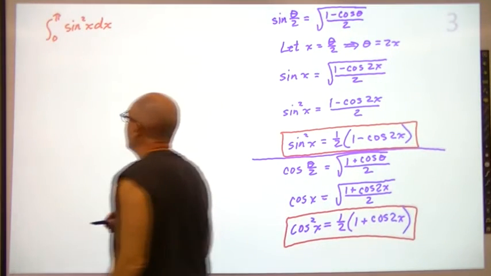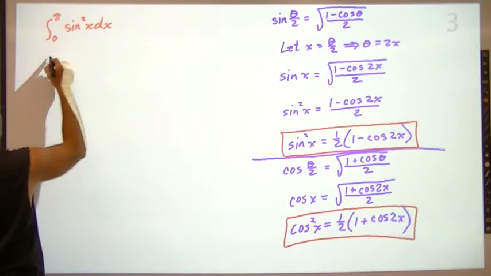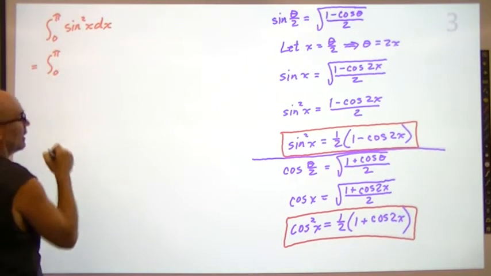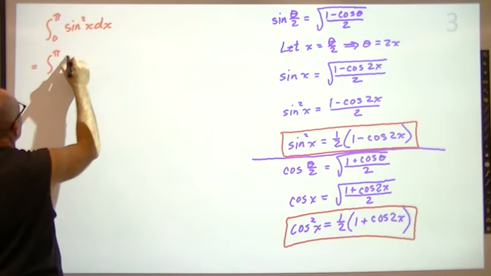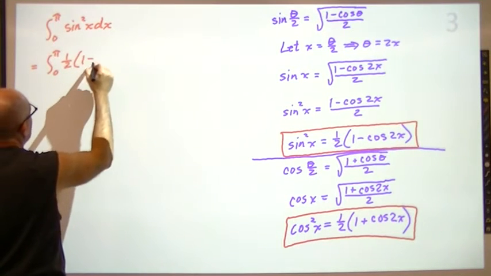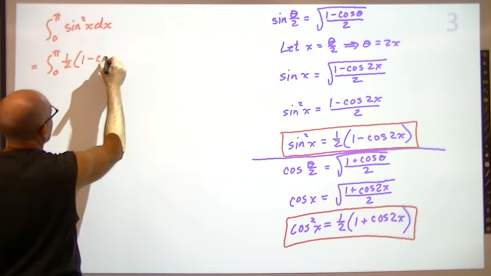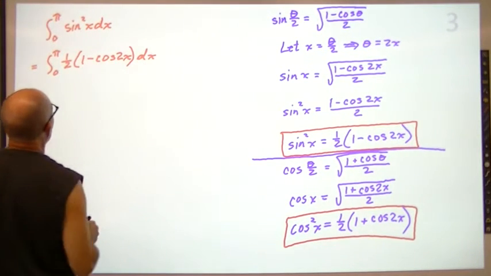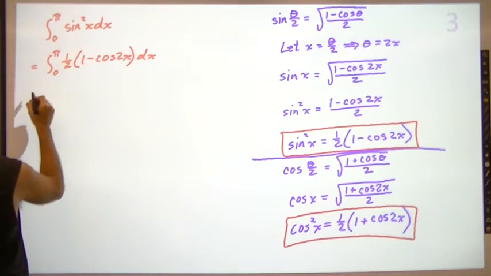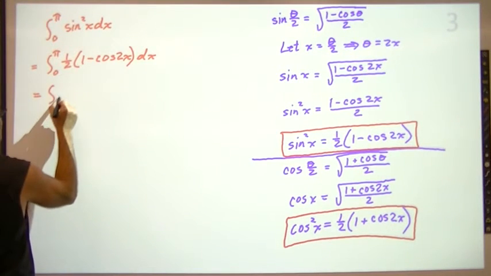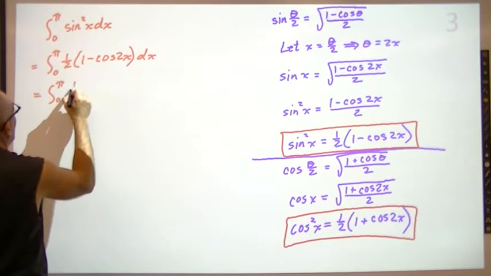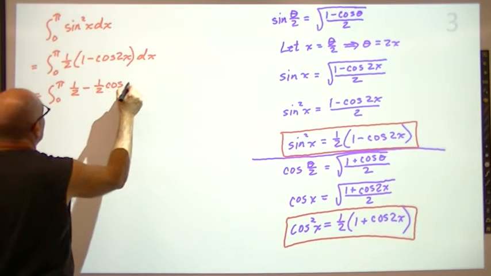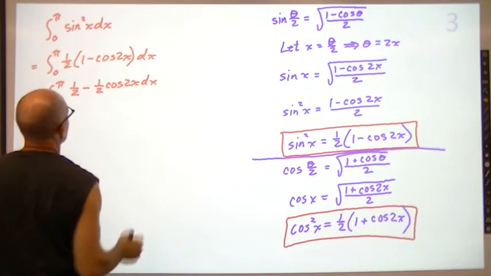So this becomes the integral from 0 to pi of 1/2 times 1 minus cosine 2x dx. Okay, so now this becomes the integral from 0 to pi of 1/2 minus 1/2 cosine 2x dx.